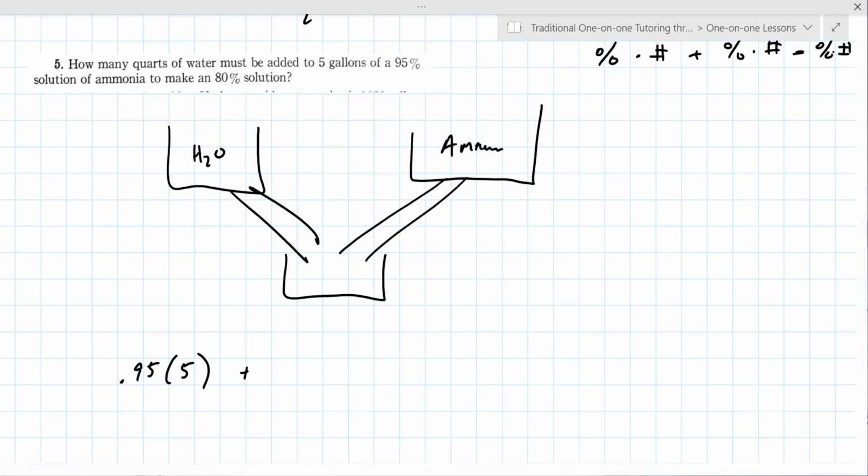So water is going to be like 0.8 times x or something. No, that's on the other side here. So it's 0.8 times 5 plus x. I'm struggling here. I don't know why I can't tell you what to put here. So it's not 100%, so we'll just call it x.